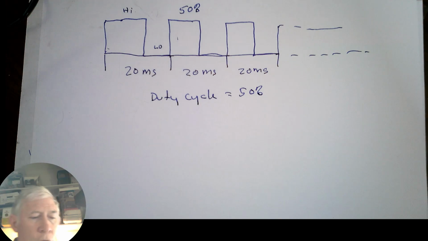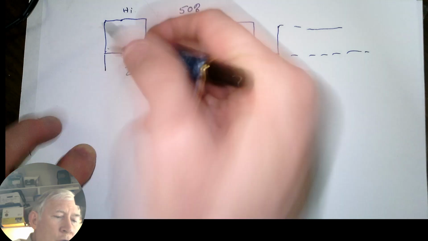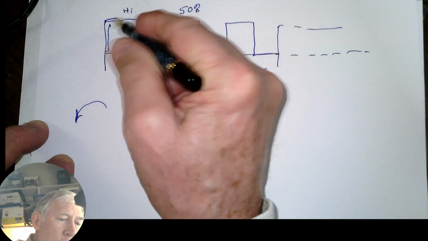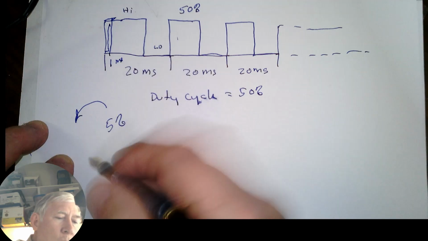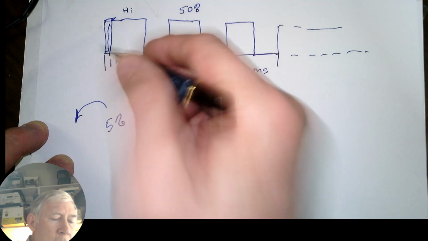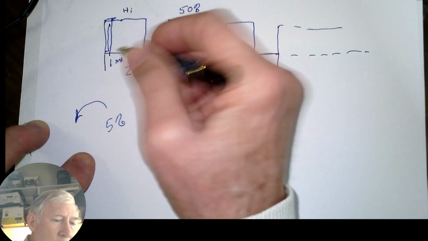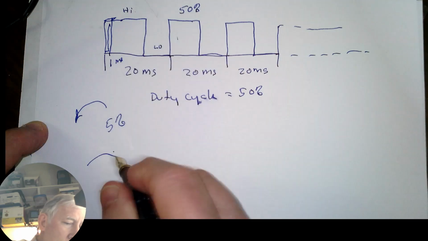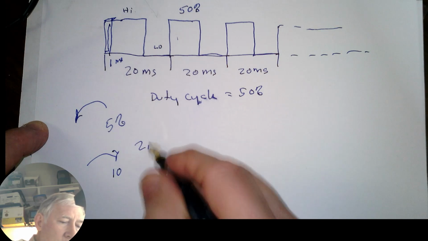It turns out for servos that the only really important parts are, when we want the servo to be fully in one direction, we have a duty cycle at 1 millisecond or 5%, that's 1/20th, right. And when we want it to be fully the other direction, we make it 10% or 2 milliseconds.